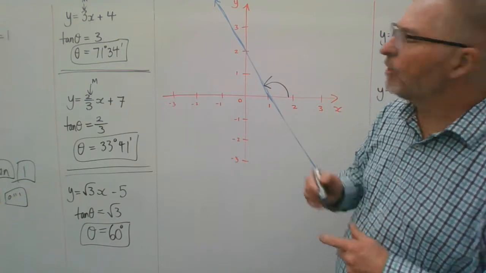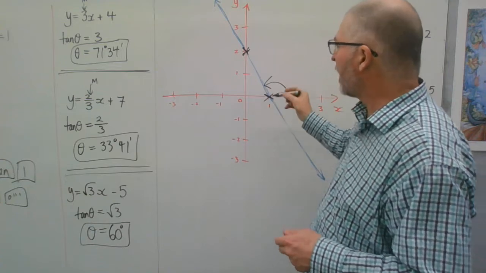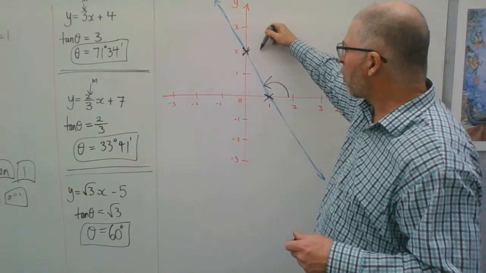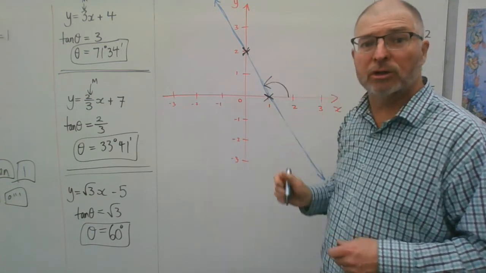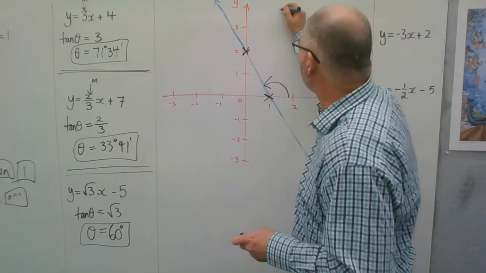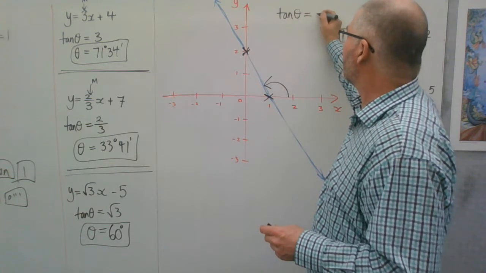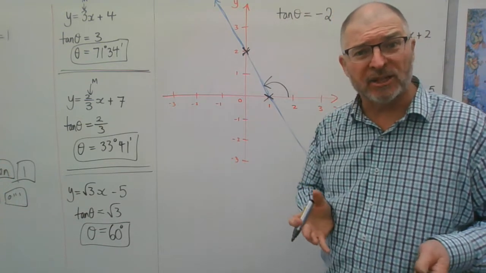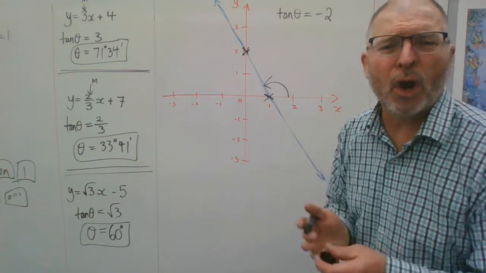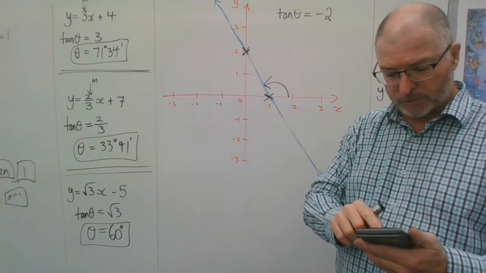If you pick a couple of points, like say that point there and that point there, you can see that for each one across, I went down 2. So the gradient's -2. We've done that before. And tan of the angle of inclination is equal to the gradient, which was -2. So all I need to do now is go shift tan of -2.